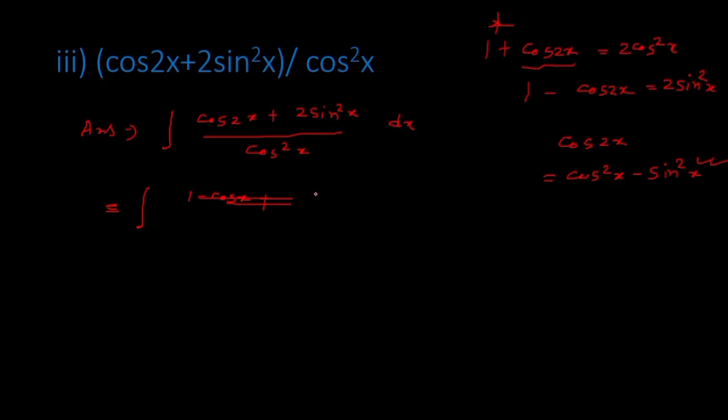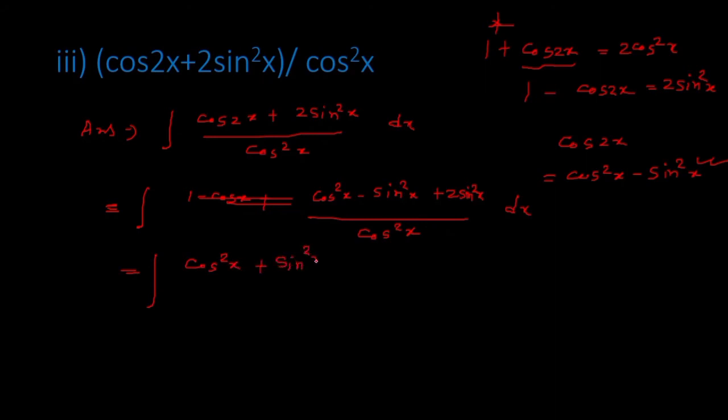So we will put cos square x minus sin square x plus 2 sin square x by cos square x dx. Then that will become cos square x plus sin square x by cos square x dx.